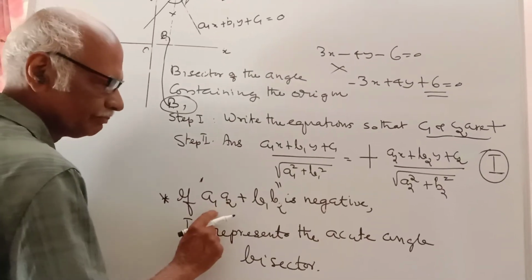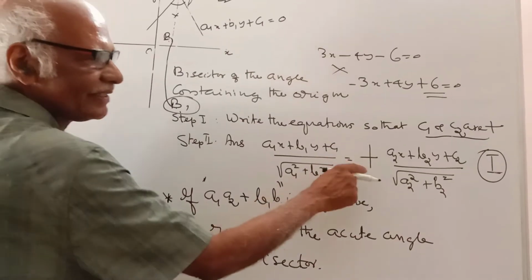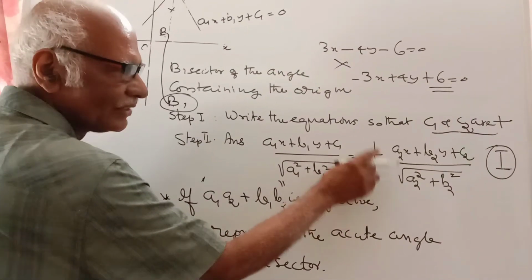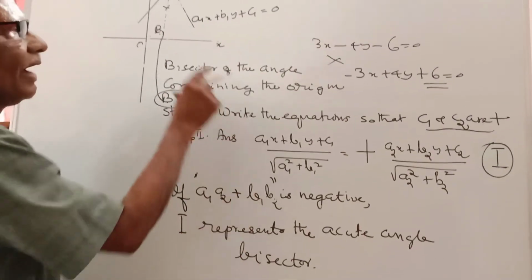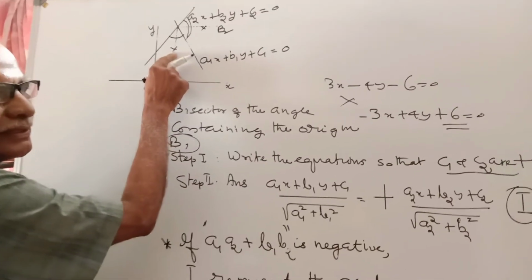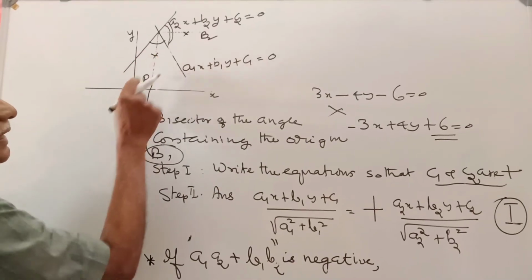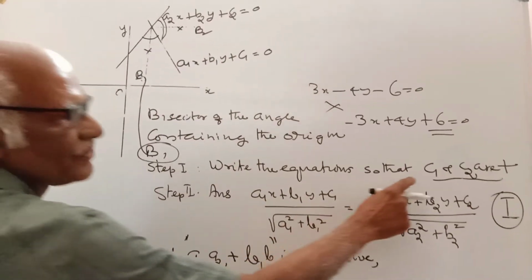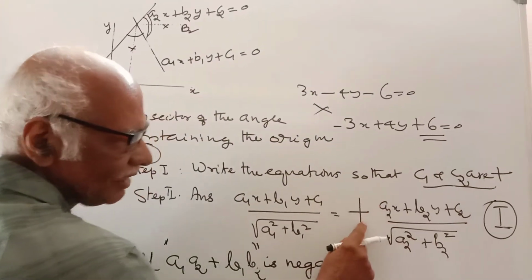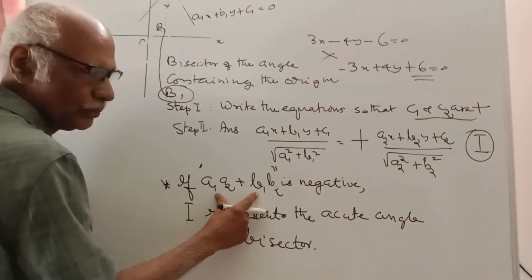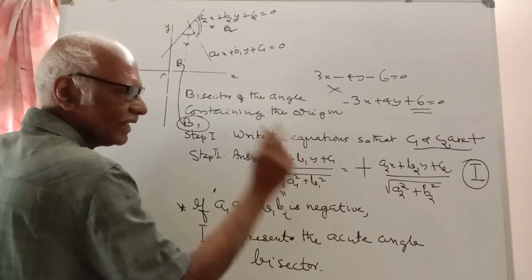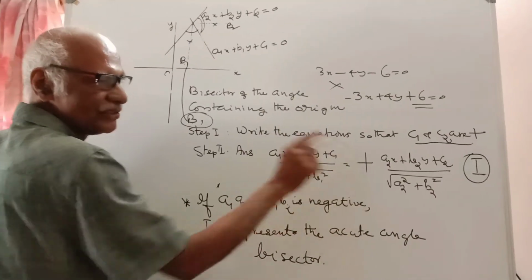If this is positive, you have to take the negative sign here, and minus of this will give you the acute angle bisector. So for the bisector of the angle containing the origin, make C1 C2 positive and take the plus sign, and then look at a1 a2 plus b1 b2. If it is negative, that is the answer for the acute angle bisector.